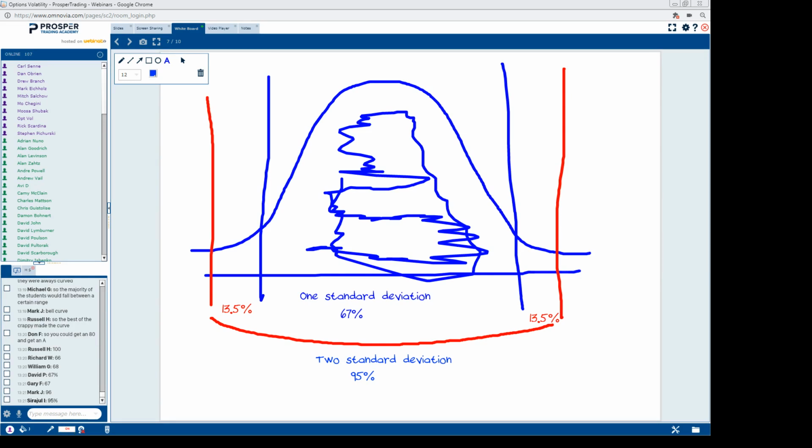Questions yet? No questions? Okay, cool. 3 standard deviation.